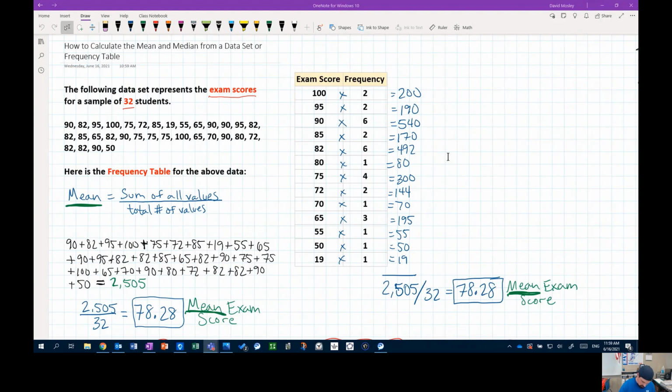We have 1, 2, 3, 4, 5, 6, 7, 8, 9, 10, 11, 12, 13, 14, 15, you know, this one goes up to the 20th. That means that the 16th and 17th value are in here.